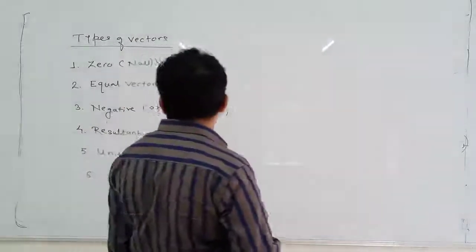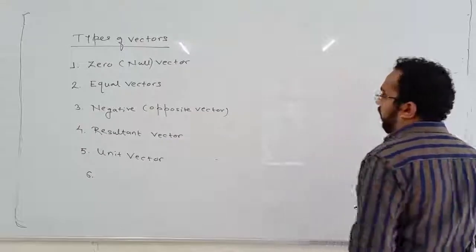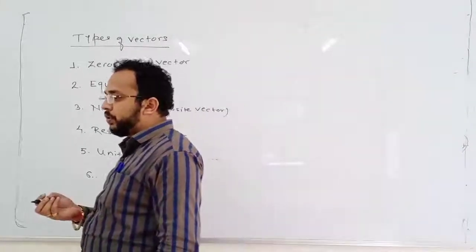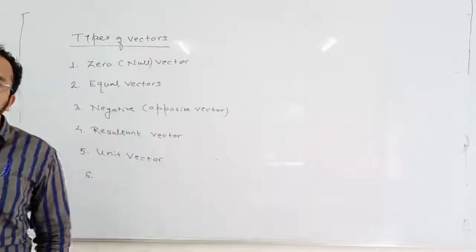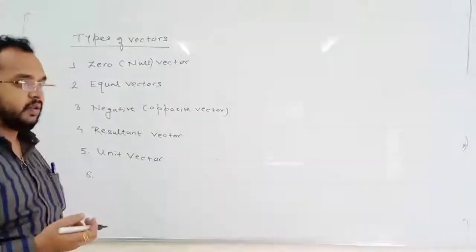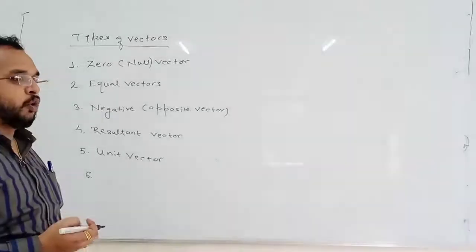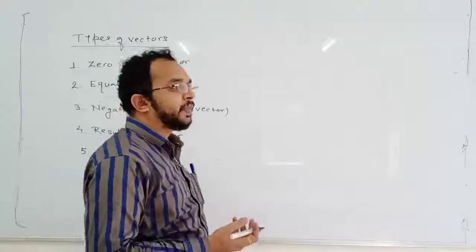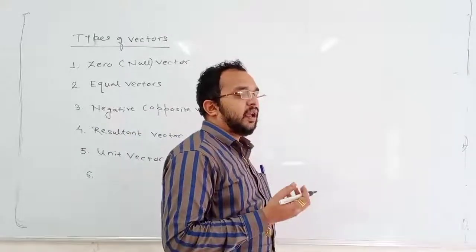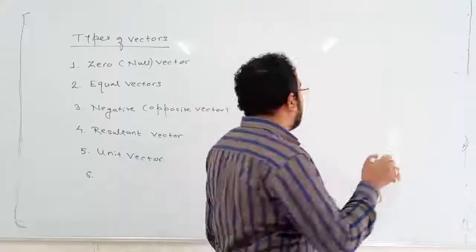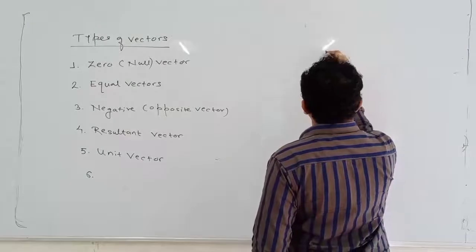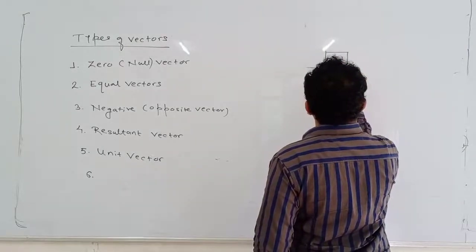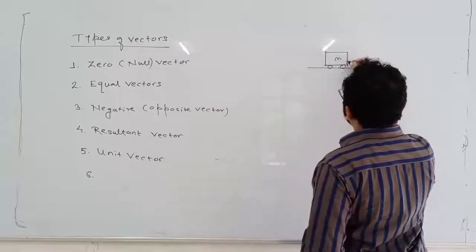So zero vector is the vector which has zero magnitude but has some direction. Like, see, if any object is stationary, suppose this block or this vehicle is stationary, having mass m.